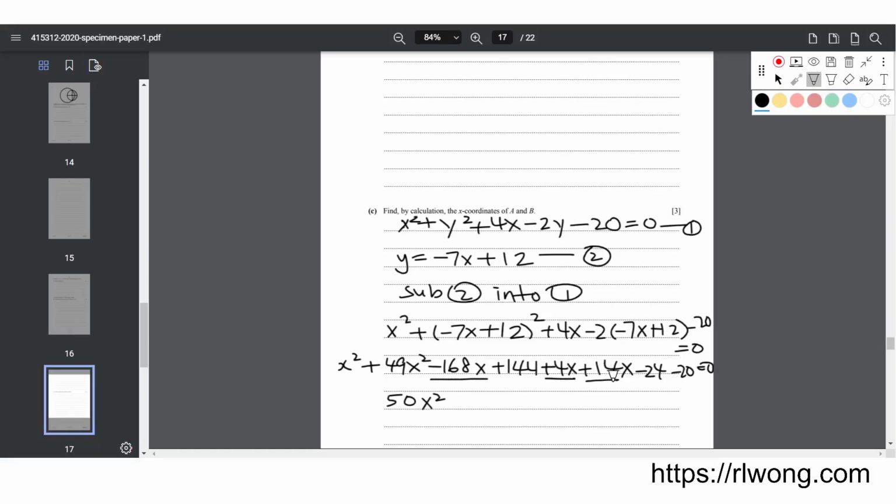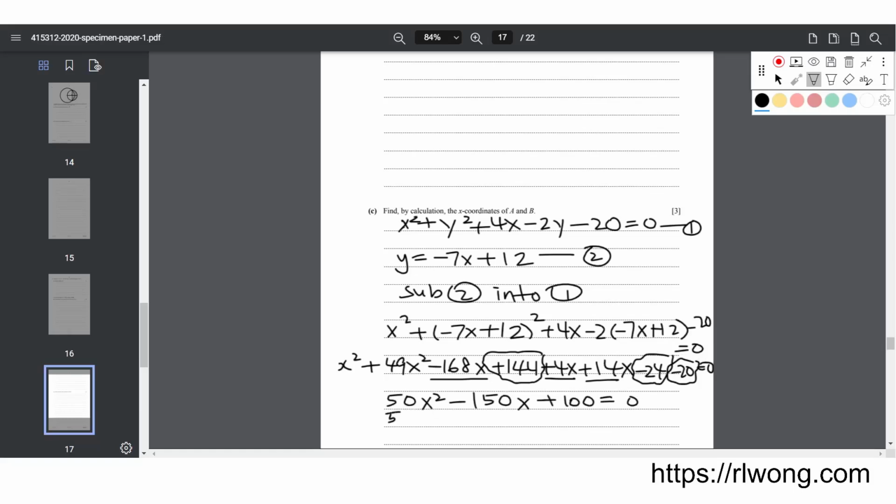So I'll take -168 plus 14 plus 4, which gives me negative 150x. Then finally, let me put all the constant terms together. Let me circle them out. So it'll be 144 minus 24 minus 20, which gives me a value of 100.